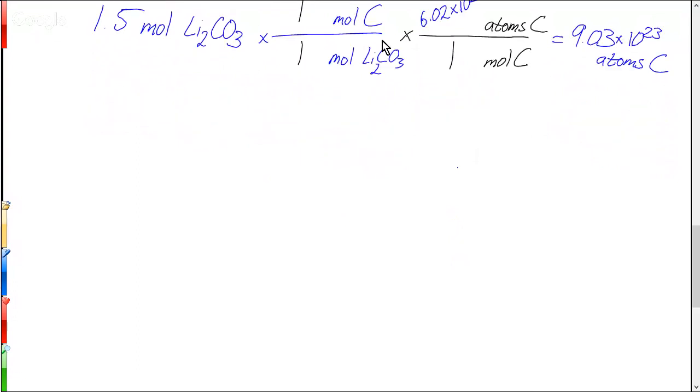So let's do a few more practice problems here of some different types that you'll see in the book and on the quiz next week, dealing with this idea of moles and converting between these two scales: atoms, molecules, and moles. So let's just stick with one unit at a time.